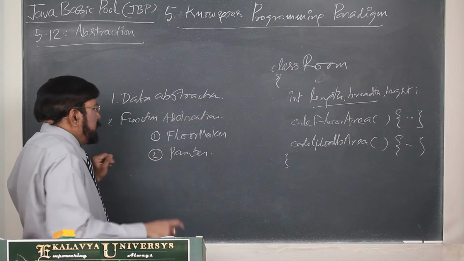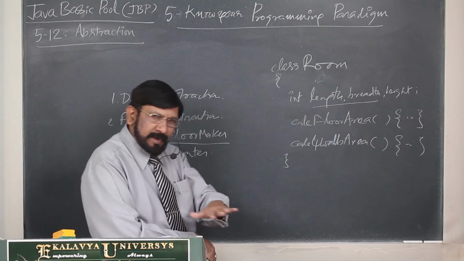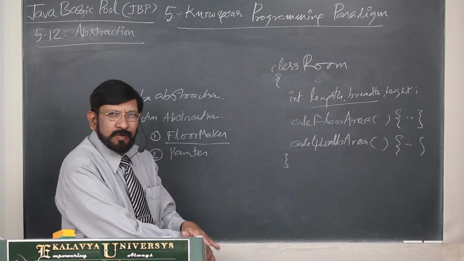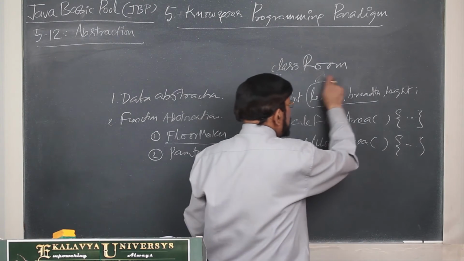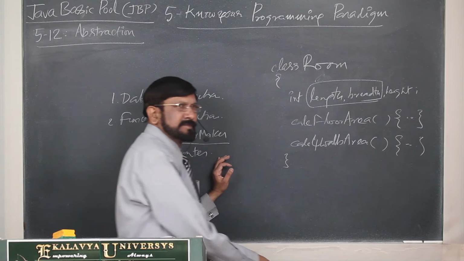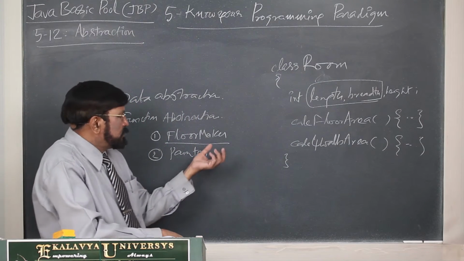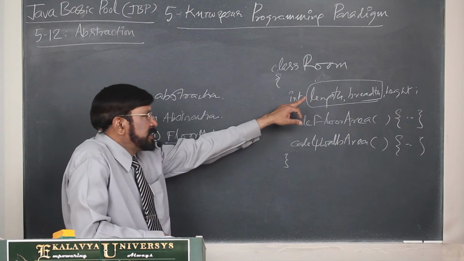Now let us come to the floor maker. As far as the floor maker is concerned, he lays the floor and he is interested in the area of the floor only, nothing else. So what does he require? He requires length and breadth, because what is the formula for calculating the area of the floor? Length into breadth. That is enough for him.